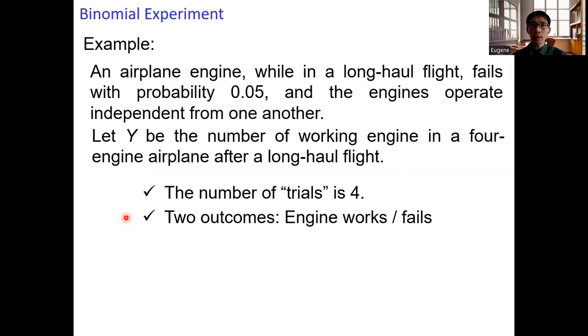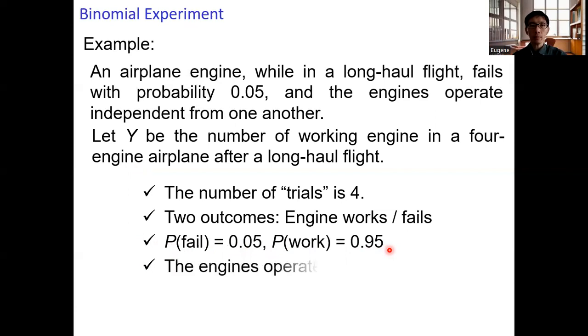And then the probabilities. The probability that the engine fails is 0.05, and the probability that the engine works is 0.95. These probabilities remain constant for every engine. And then lastly, the engines operate independently, and this is given in the question.